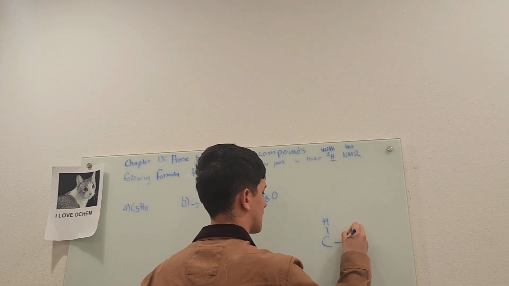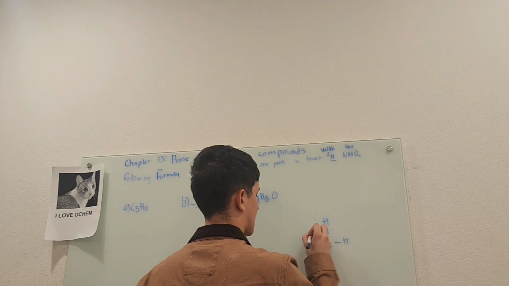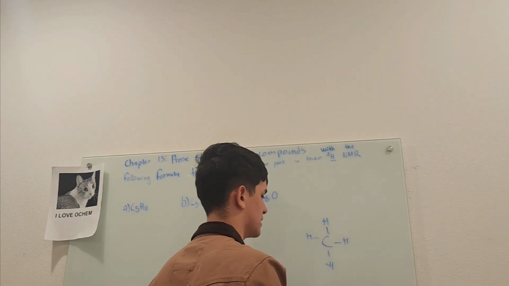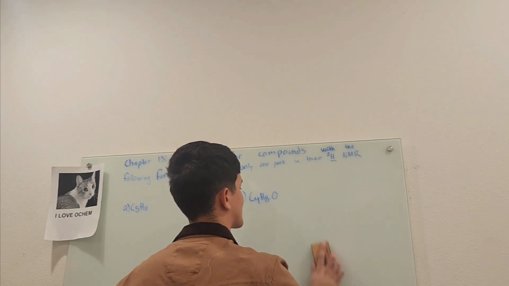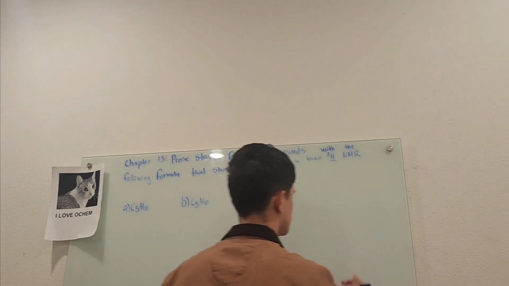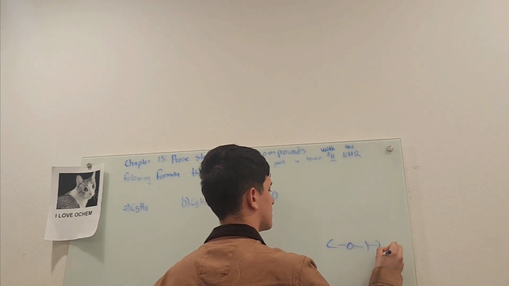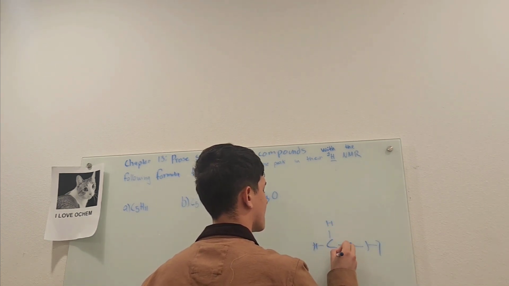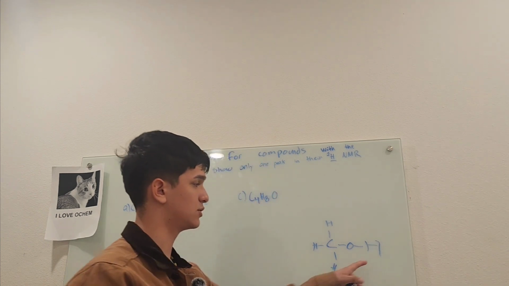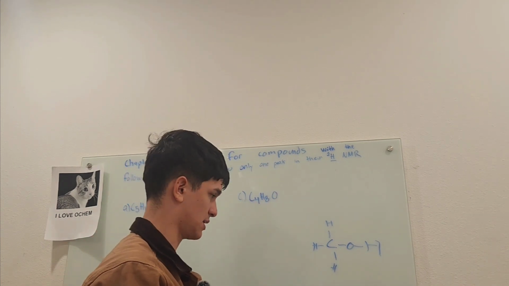These ones are all the same hydrogens, so they will show the same peak. Let's say if we have an alcohol on the carbon, these two hydrogens will show a different peak.